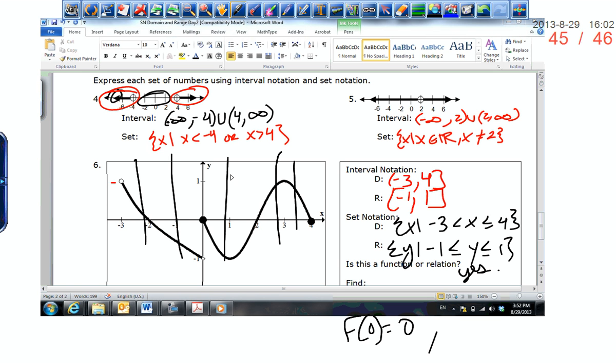When x is 0 right here, y is also 0. And then what's my other part? F of x equals 1. So when y is 1, x is 3.